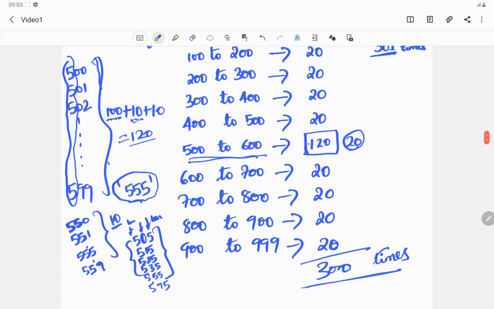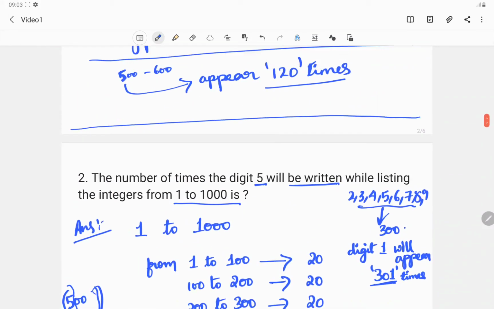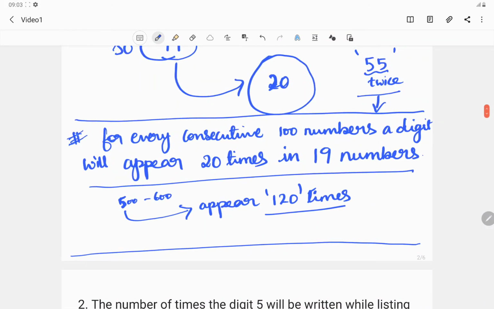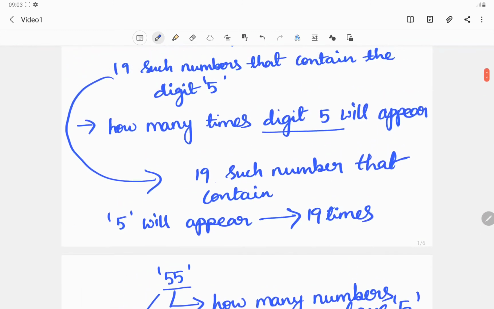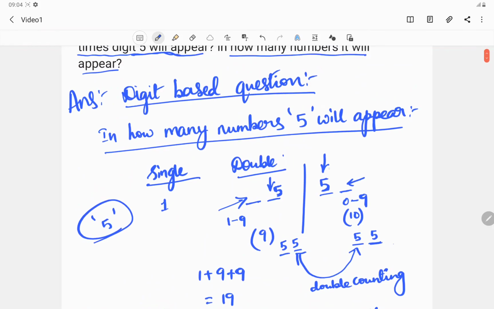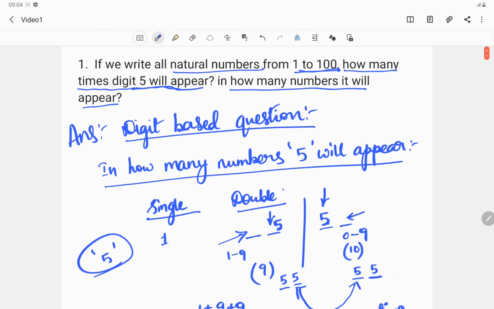So the best optimal way will be to understand this particular point. You yourself can write all the numbers from 1 to 100 that are containing 5. You will get 19 such numbers, and 5 will appear 20 times.